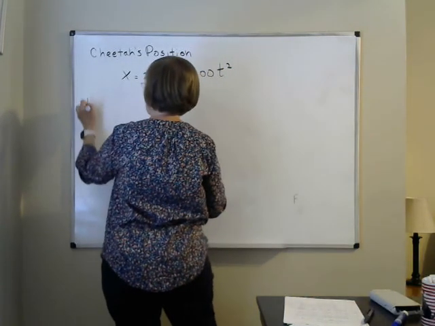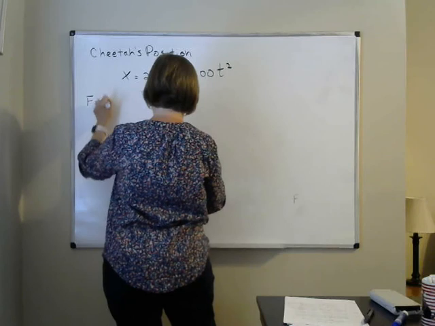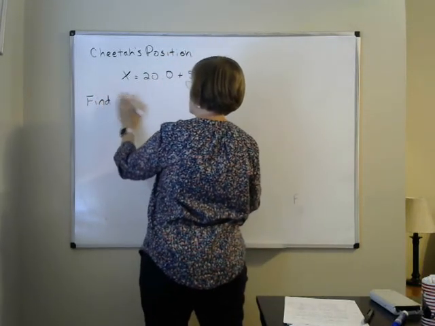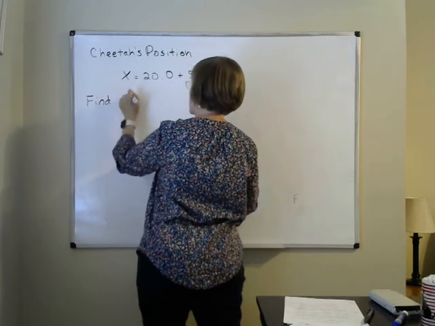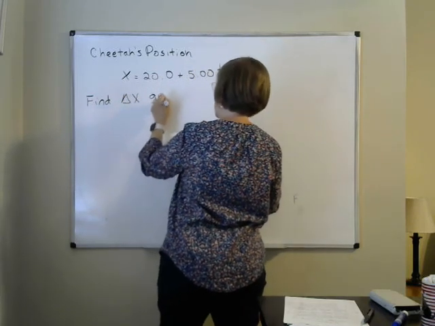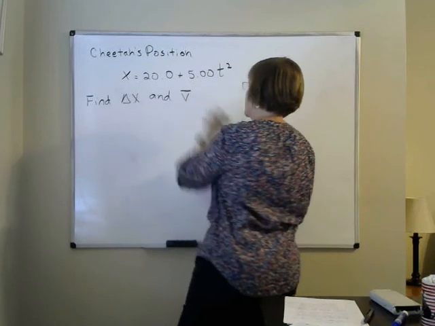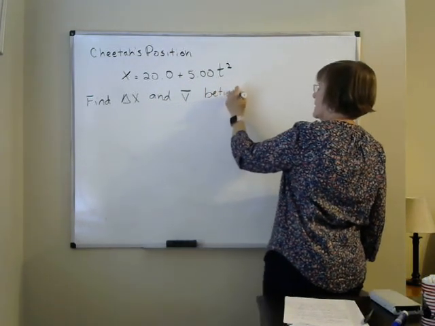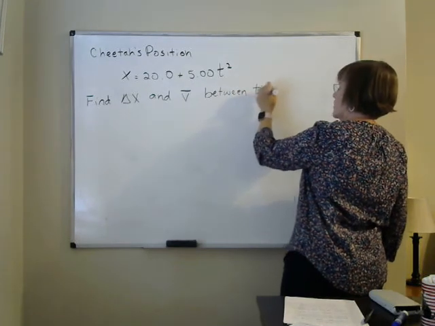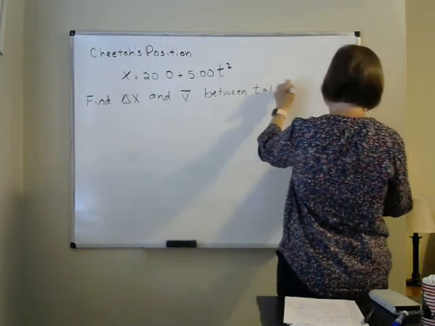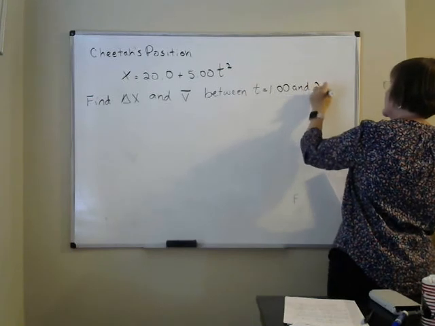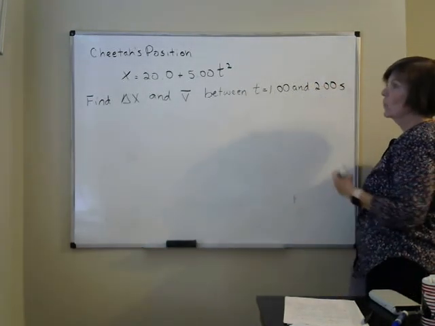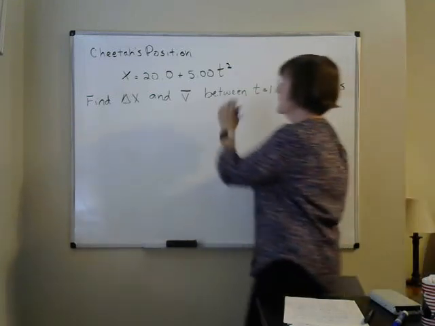Let's find the displacement and the average velocity between t equal 1.00 and 2.00 seconds. Well, this is a function of time.